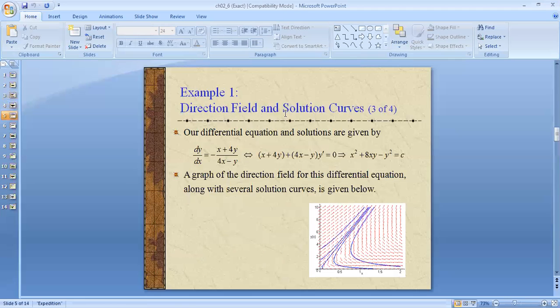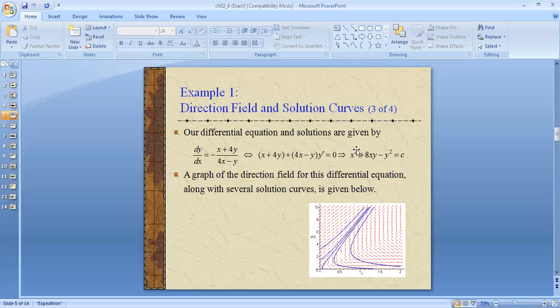Now, directional field and solution. Actually, this is an exact differential equation, and we have solved it and got the solution x square plus 8xy minus y square equals c. For different values of x and y and the constant c, we can plot this by using programming.